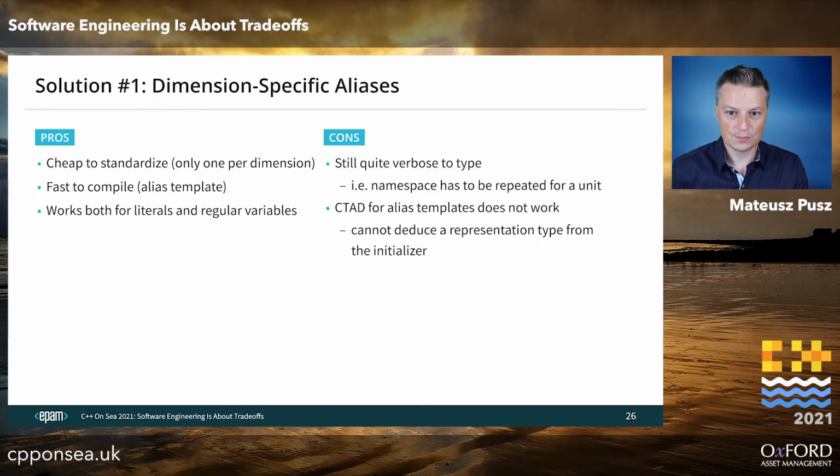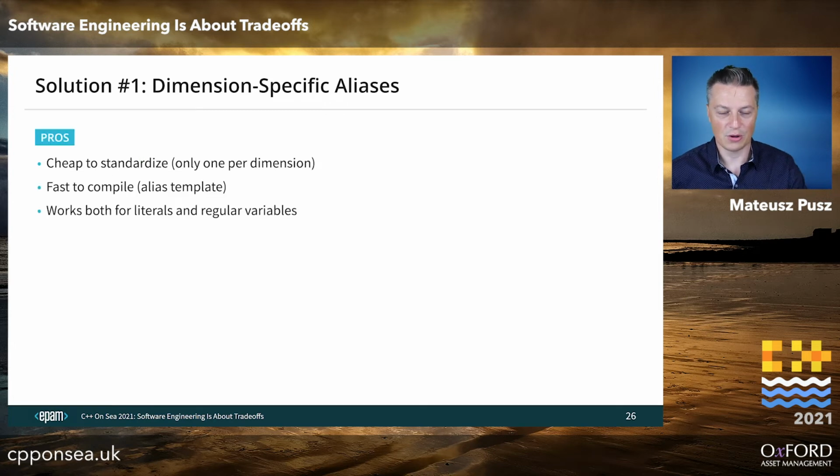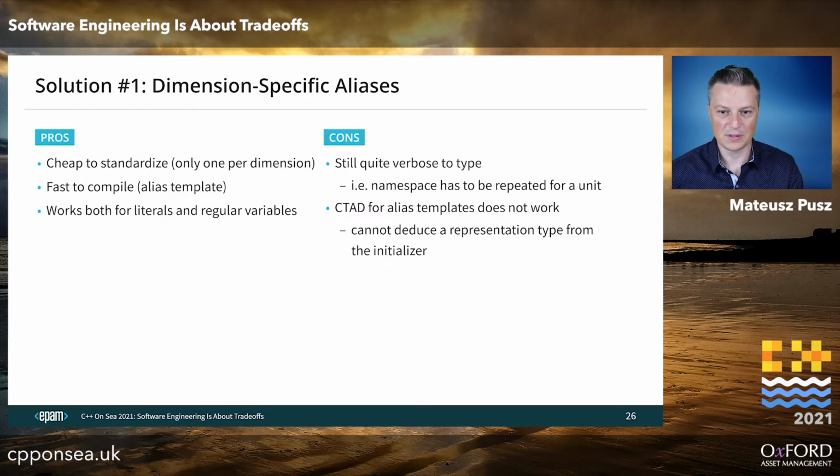However, it has some issues. It's still quite verbose to type. For example, a namespace, like this SI, has to be repeated twice. And probably there will be even more. It will probably be std::units::SI and then speed, right? So an even longer part of the namespace name would have to be repeated here.